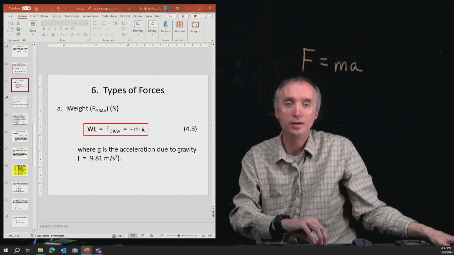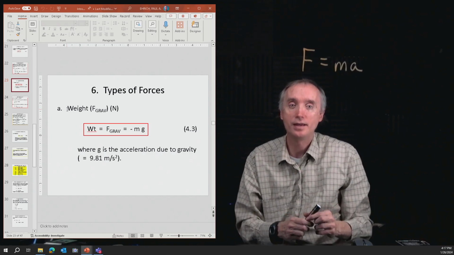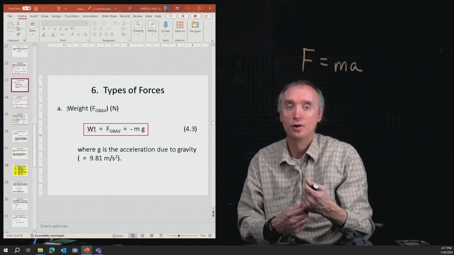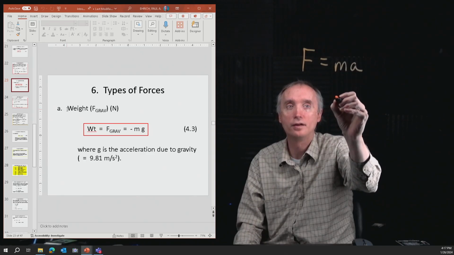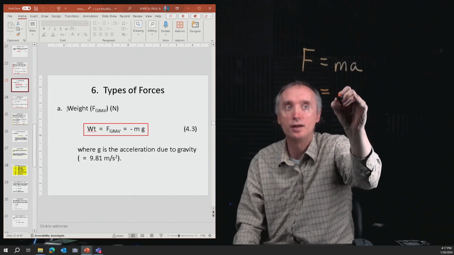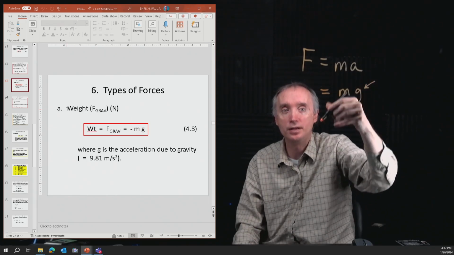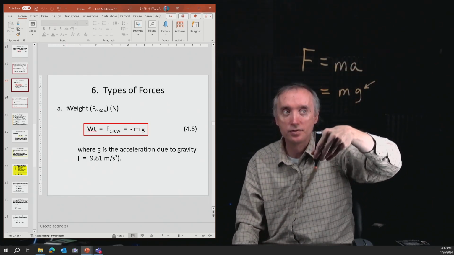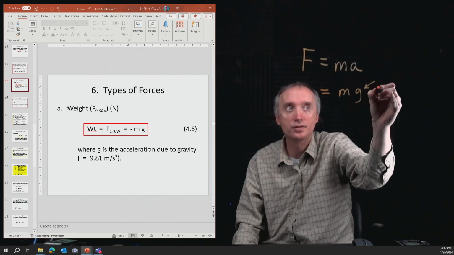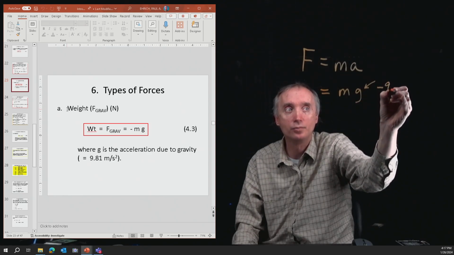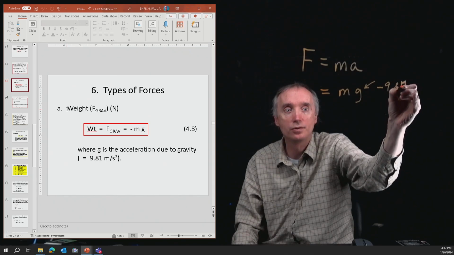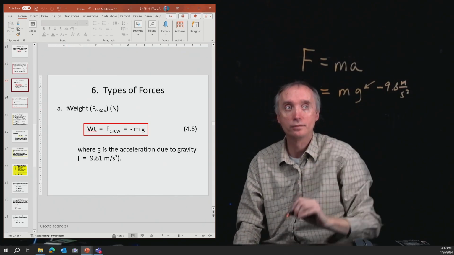And it's going to be equal to negative mg. Or you could think of it as being equal to mg, but we know that gravity acts downwards, so this thing here is negative 9.8 meters per second squared.